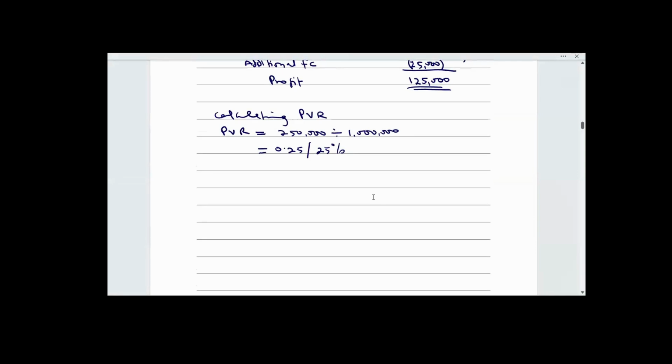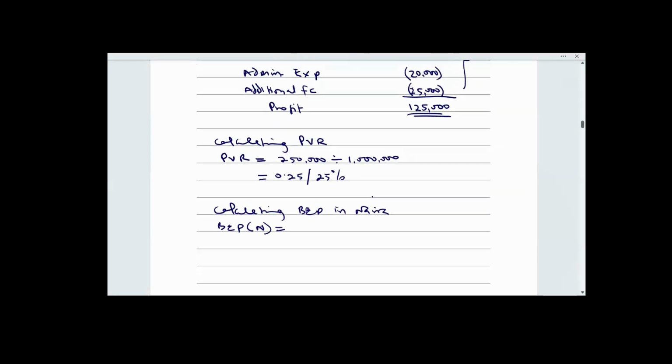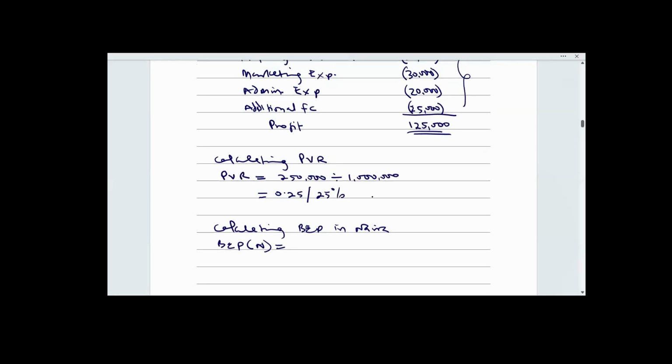Finally, I need to calculate the break-even point in naira. Therefore, the break-even point in naira will be equal to the new fixed cost of 125,000 naira divided by the new PVR.